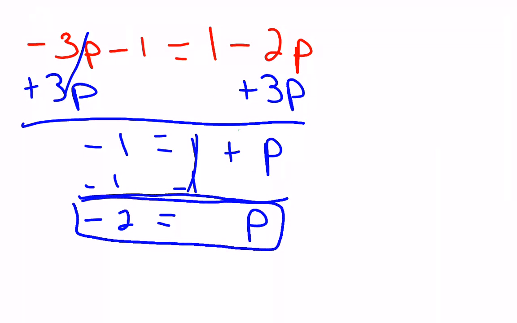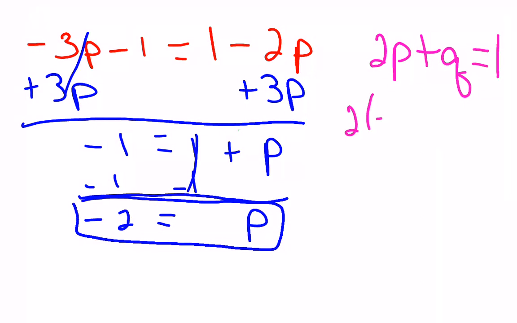But now we have to take that and plug that back into either one of the originals that we were given or one that we solved for. So one of the originals was 2p plus q equals 1. And again, it doesn't matter which one you plug it in. So we're going to plug that in for p. So we have 2 times negative 2 plus q equals 1.